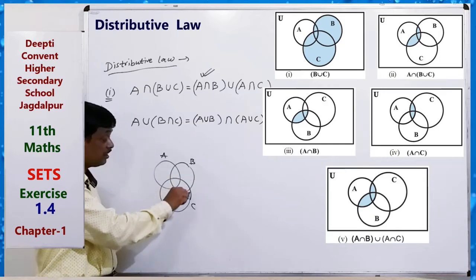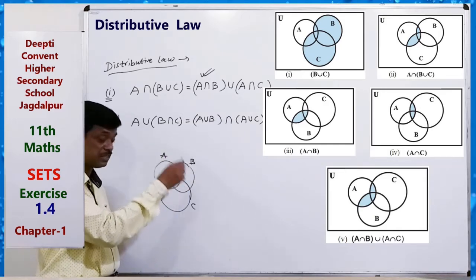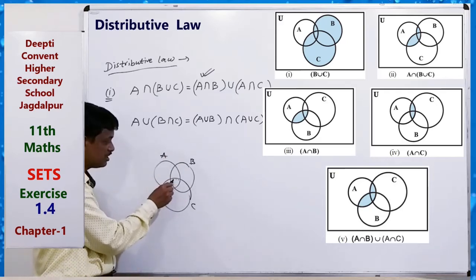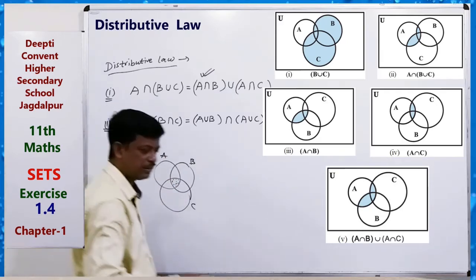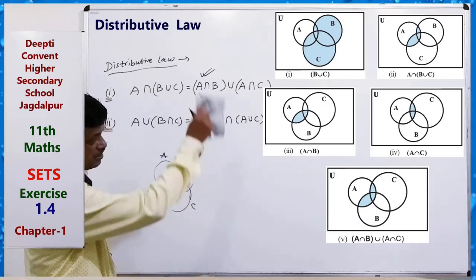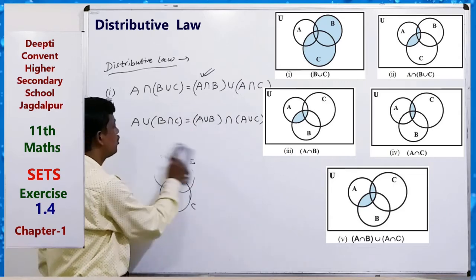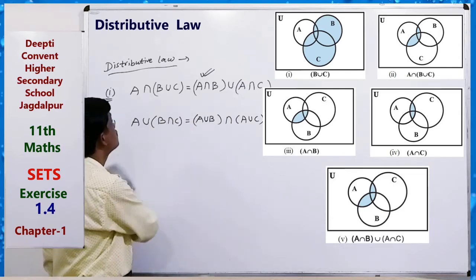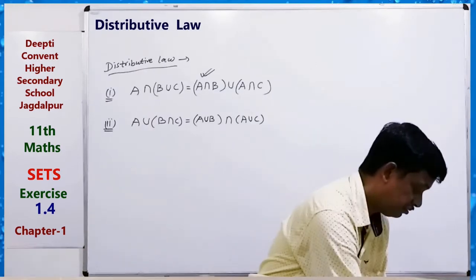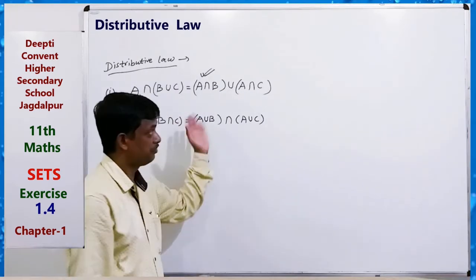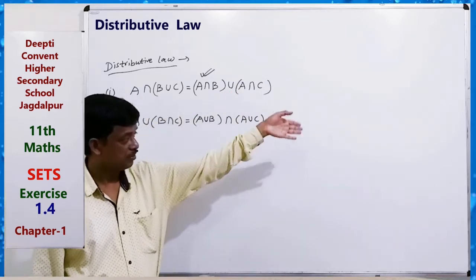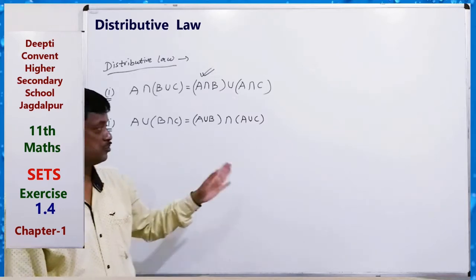A union B union C means the whole of this, and the intersection of these three means only this part. So whenever three sets are connected, we can draw like this, and by this technique you can see the proof of this rule. This is the distributive law. So remember it: how we can represent the operations of sets using Venn diagrams. Very useful.